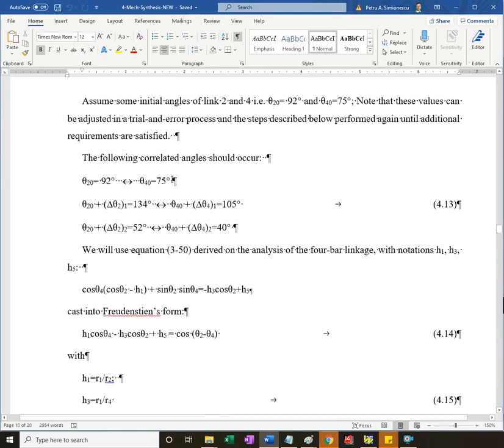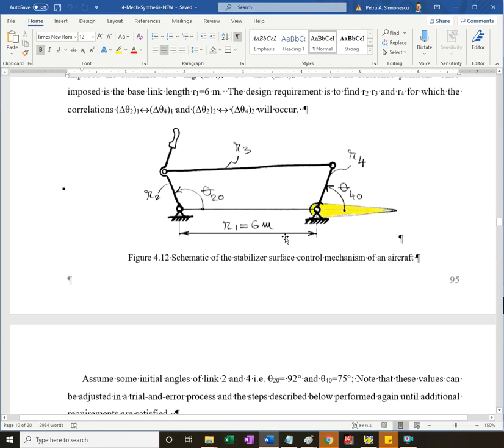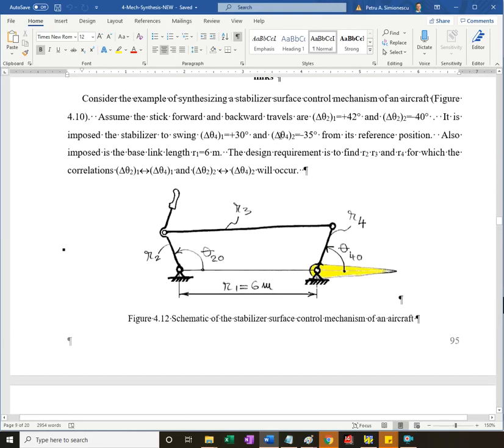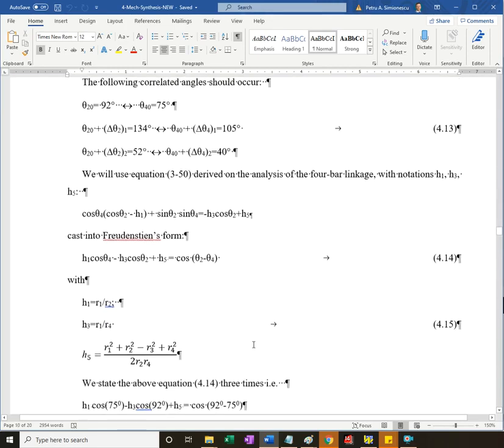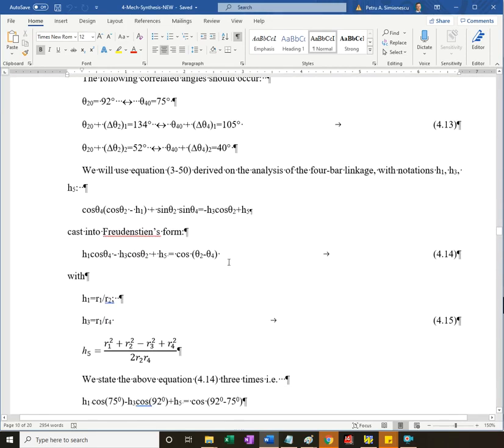Again, I chose, you could have chosen, instead of 92, maybe 88 or 90 or 93, and likewise here instead of 75 other angles. But the other pairs were imposed. So 42 with 30, negative 40 with negative 35. And we're going to use a technique developed in the 50s by this gentleman.